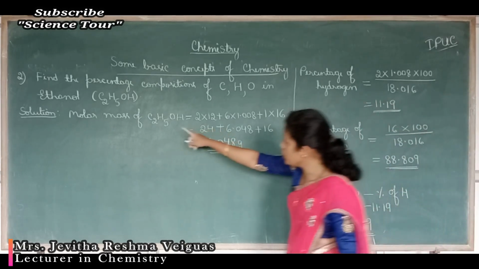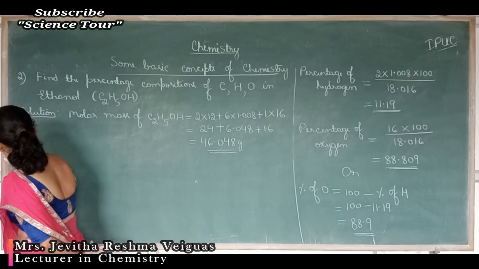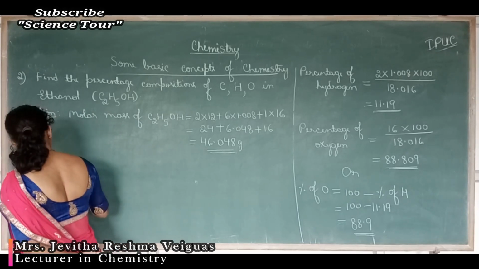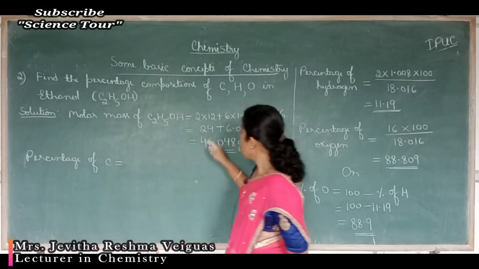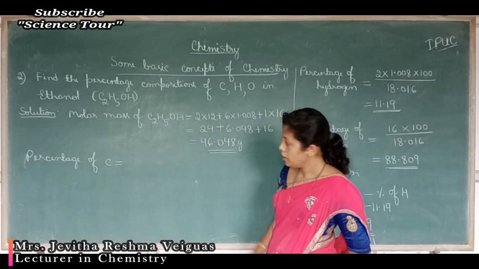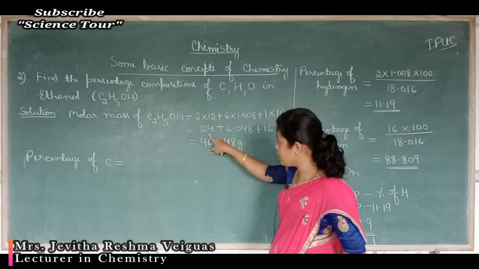Now find the percentage of carbon, hydrogen and oxygen. First let us find the percentage of carbon. It is mass of carbon into 100 divided by molar mass. Mass of carbon is how much? 2 into 12, that is 24.